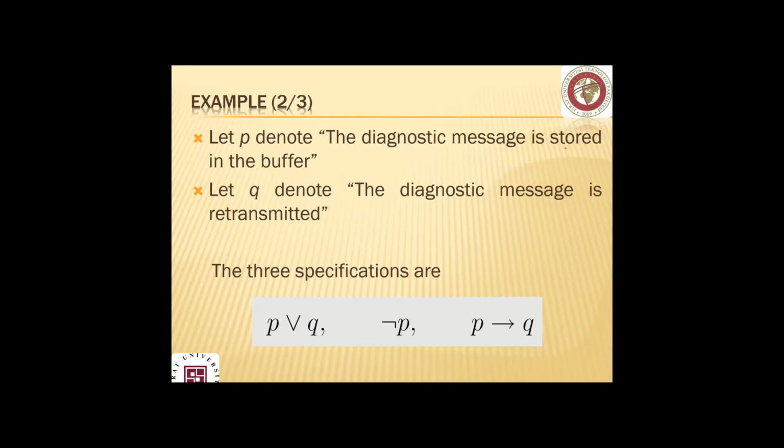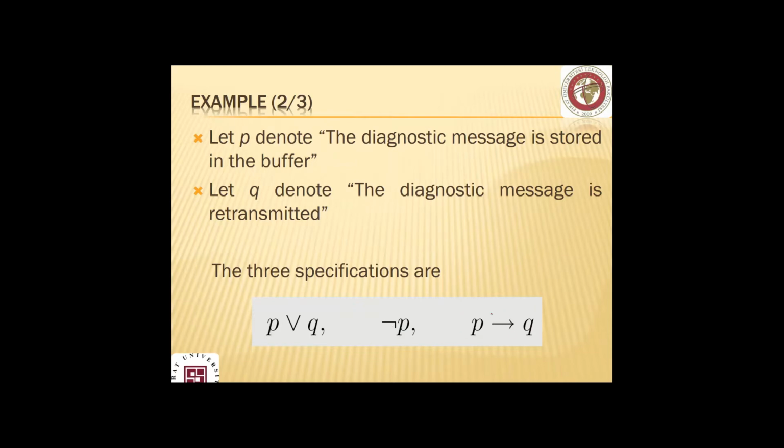P, diagnostic message is stored in the buffer. Q, the diagnostic message is retransmitted. The first assertion, compound assertion, P or Q. The second one is just the negation, not P. The third one, P implies Q.